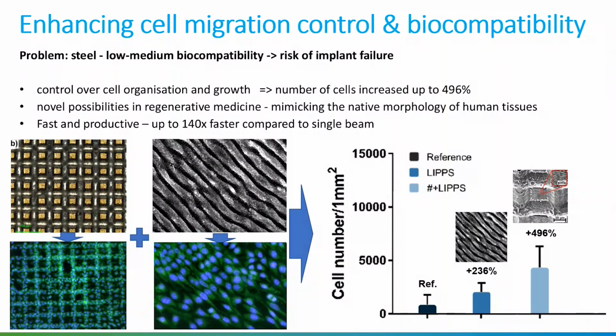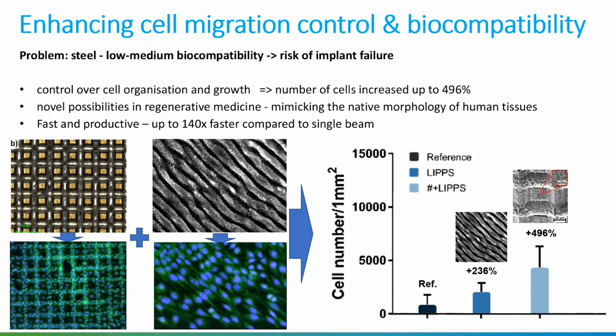Another quick look into another case study. In this case, we were focused not on antibacterial properties, but on biocompatibility. And here we introduced structures which can control the cell growth and cell organization, either again by some microstructures, but as well by nanoscale structures. You can see that the cells in this case are elongated in the direction of the structures.